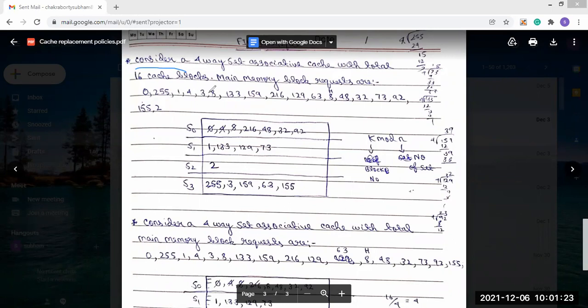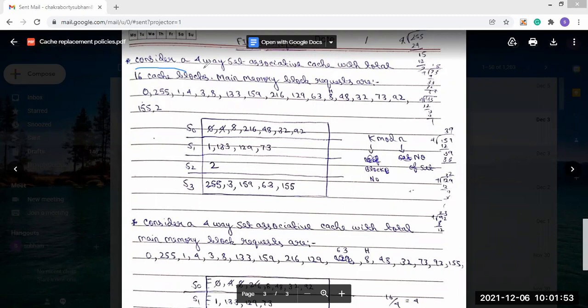If it is two-way set associative, we divide the cache into 2 sets. If it is 8-way set associative, we divide it into 8 sets. But here it is clearly mentioned 4-way set associative, so k is 4 and we divide our cache into 4 sets.